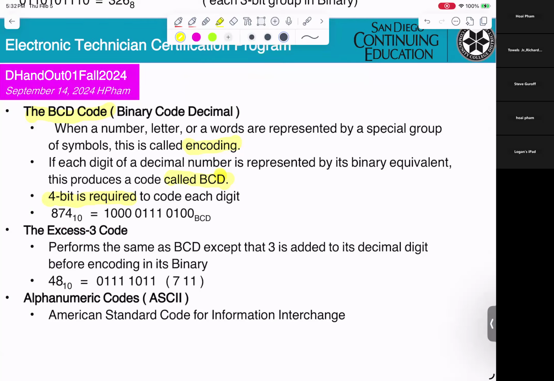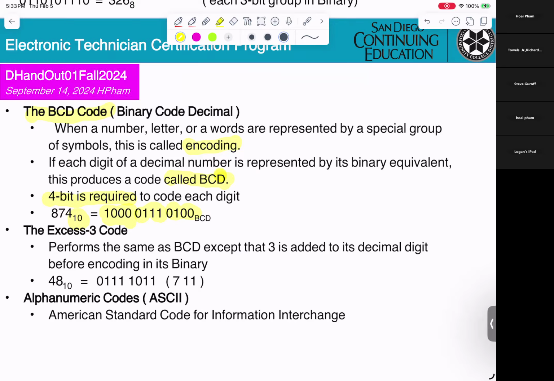If you get 874 base 10, that means decimal. Number 8 in binary will be 1000. Number 7, 0111. And number 4, 0100. You will see very soon how we get that number. Okay?